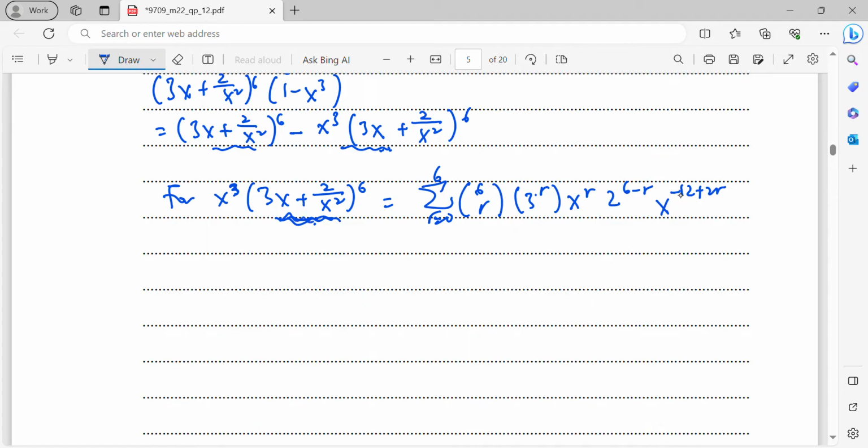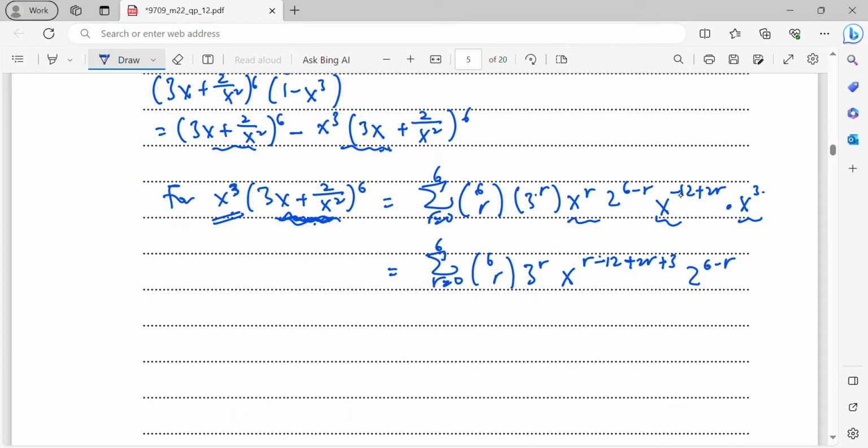All this belongs to the power 6 of the two terms. But don't forget you still have x cubed. So I multiply with x cubed. Right? So then from here, I will get summation r from 0 to 6, 6Cr, 3 power r, then it will be x to the power of r minus 12 plus 2r, then plus another 3, followed by 2 power 6 minus r.